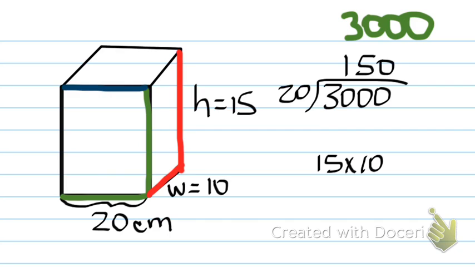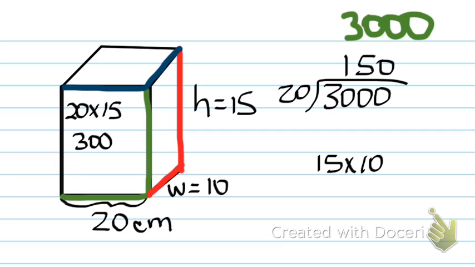So I've got the front, the side, and the top, and I need the length and width of each of those. So on the front, it would be 20 times 15, which would give me 300.